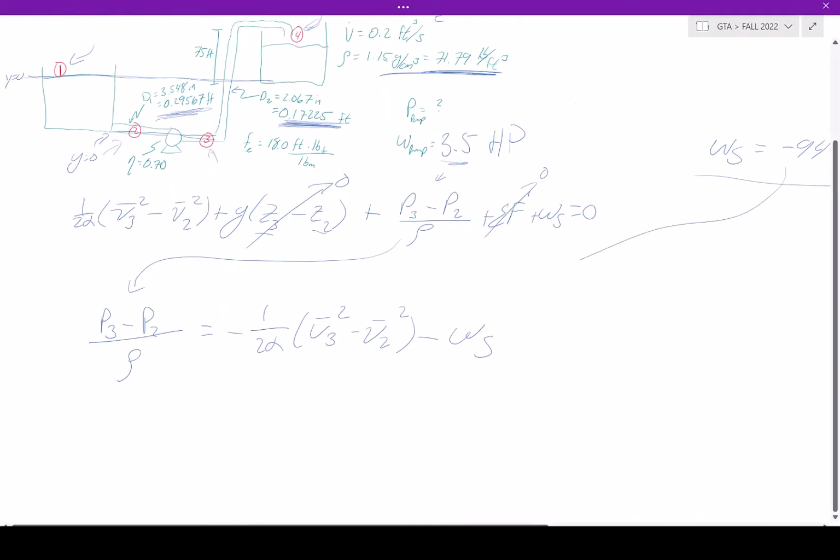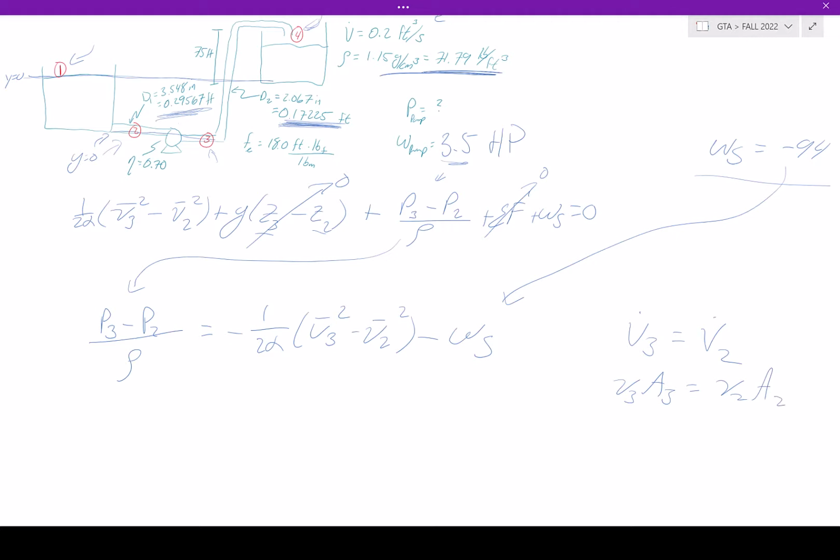Quick note, when you end up plugging this value into here, notice that it's negative, so when you plug in the negative and the negative, it'll end up becoming positive. Finding the velocities, again, we were able to say that the volumetric flow rate 3 is equal to volumetric flow rate of 2, since there's no accumulation. So we can say that the velocity 3, area 3 is equal to velocity 2, area 2.